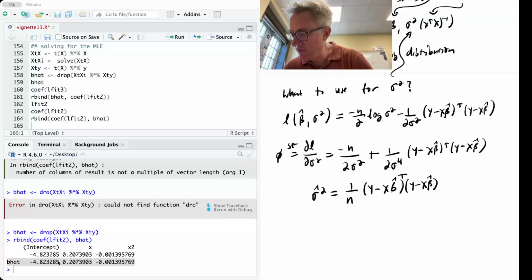And you can show that, just like in chapter 2 or in chapter 7, this is a biased estimate, but you can correct it.